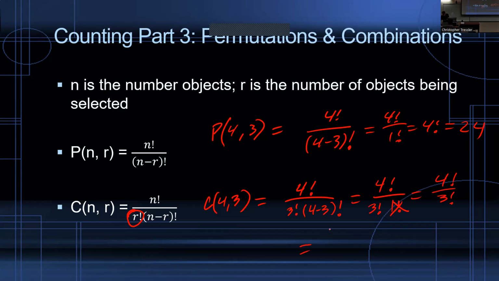Keep in mind, 4 factorial is 4 times 3 factorial over 3 factorial. These cancel, and you get 4. There you go. Hopefully that somewhat makes sense. Does everyone understand? Okay, cool. Awesome. I got some thumbs up, so I'm going to move on. If you have any more questions, feel free to come to me after the review session.